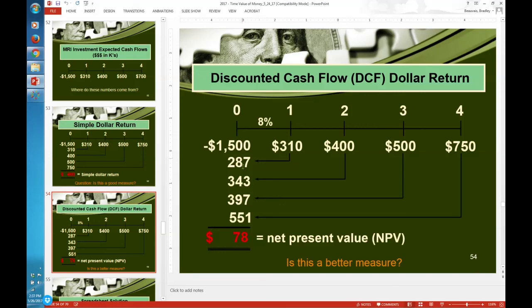So when we add all these up, this time period 0 figure, this $1.5 million, is not discounted because it's at present value terms already. We can see that 78,000 is much different than our original 460. And again, to answer my own question, a much better, much more accurate measure.